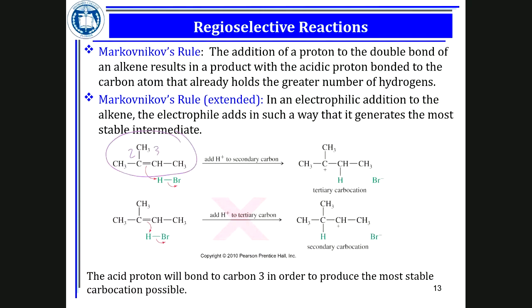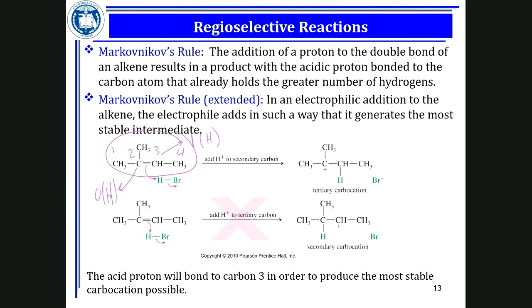Carbon 2 has 0 hydrogens, right? And carbon 3 has 1 hydrogen. Just counting the number of hydrogens. The reason I put 3 is that if I start numbering 1, 2, 3, and 4 like this, carbon 3 has 1 hydrogen, carbon 2 has 0 hydrogens.